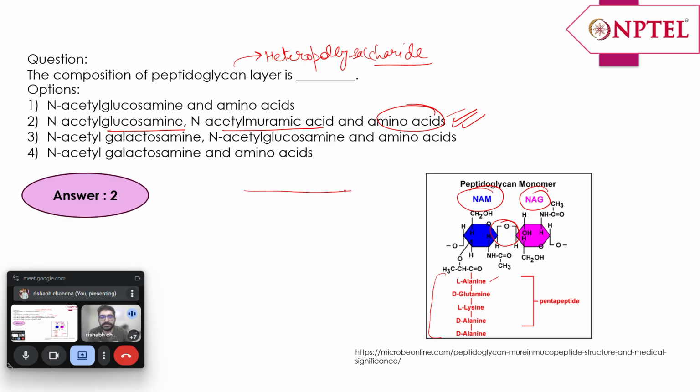For example, this is the chain of the heteropolysaccharide, the NAM and NAG polymer, and this is the second chain, and the amino acids are present like this, forming a mesh-like structure and making the cell wall more rigid. So this is how these amino acids are present in the cell wall. Any doubts in this question?